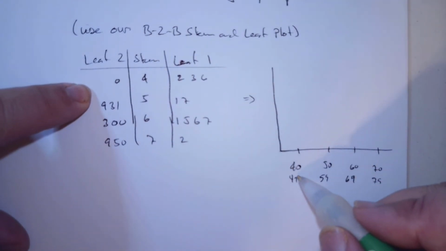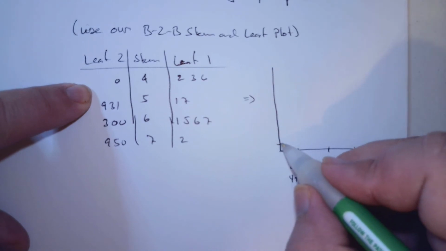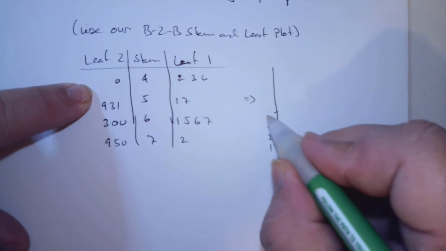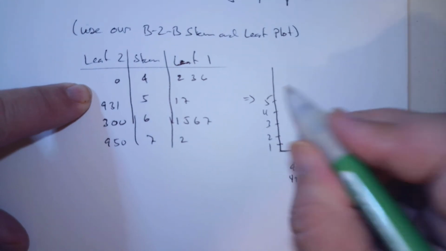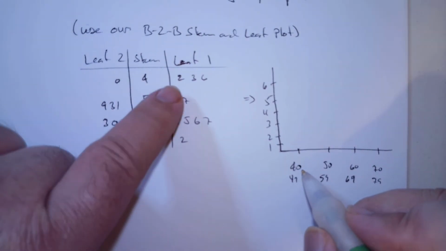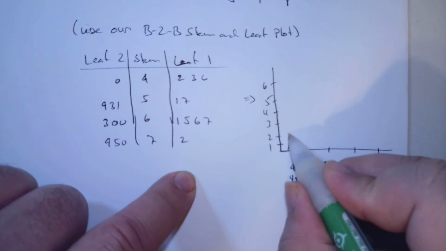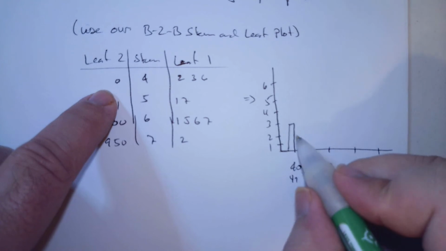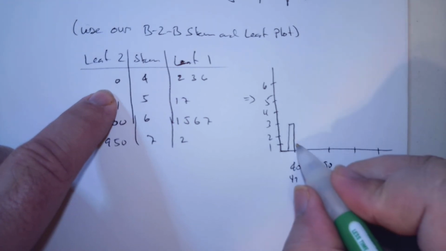So in the 40 range, the first group, group 1, had 3. And the second group had 1.